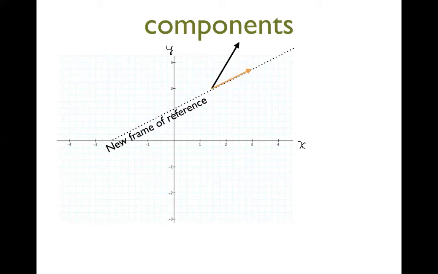So there would be like the parallel component to that dotted line, and then a perpendicular component. So these orange vectors are also components of this vector, but for a different frame of reference instead of our standard x and y. So we want to come up with a way to get those.